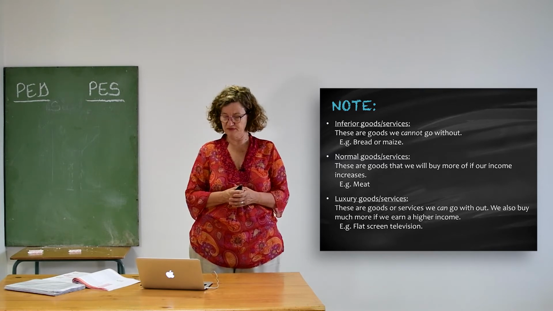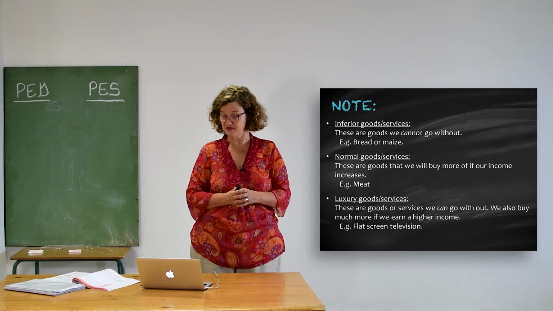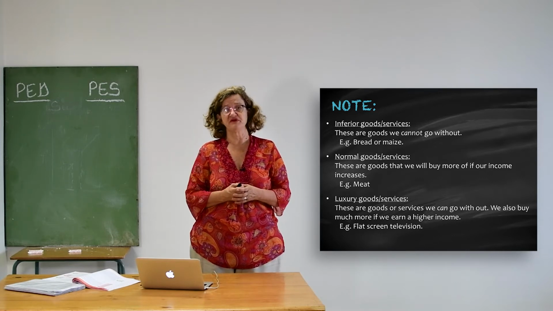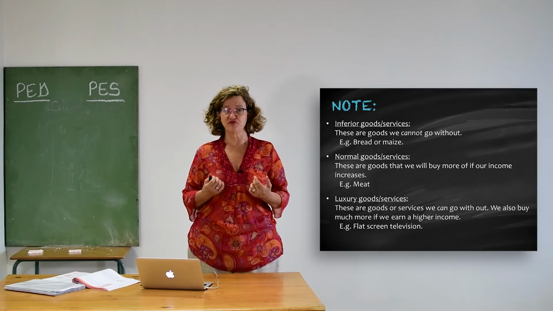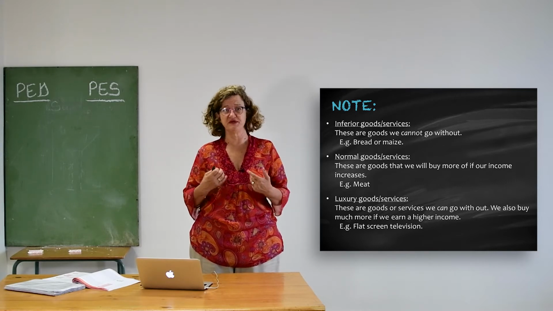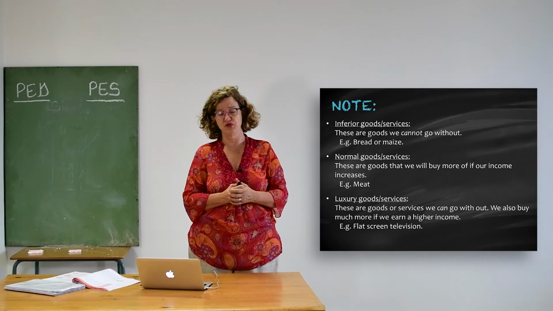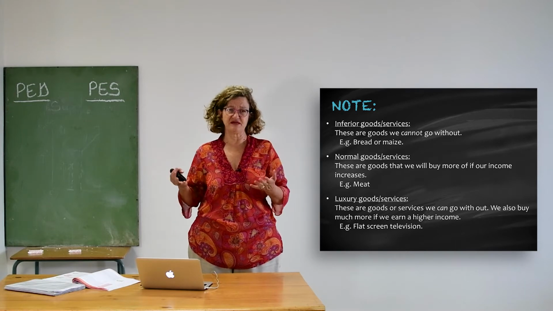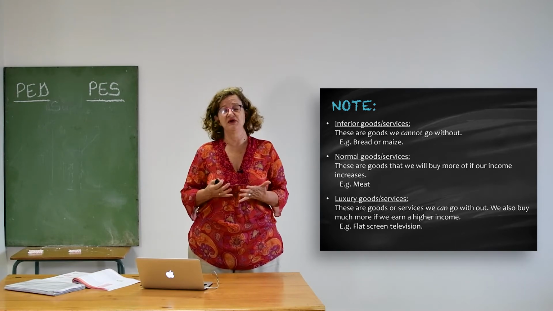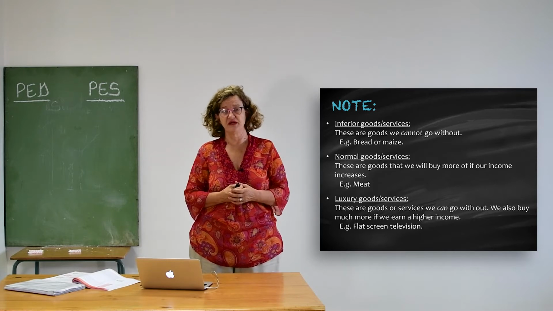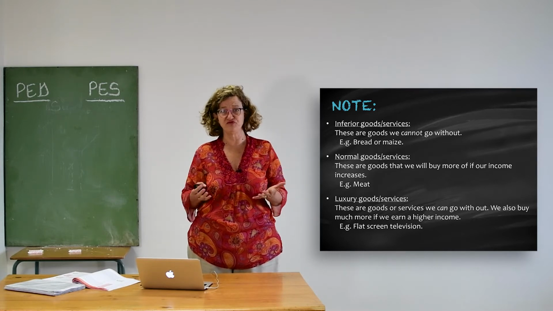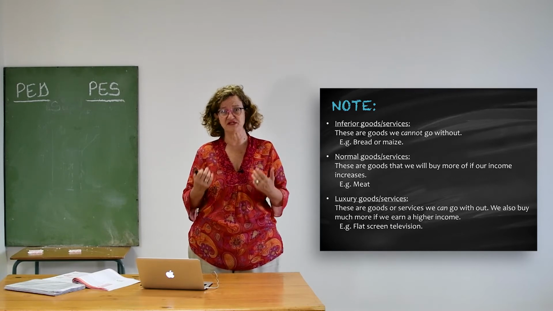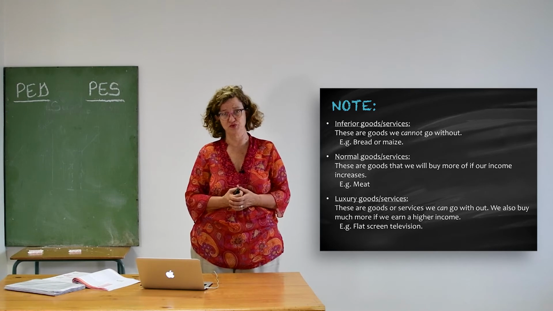Just a small hint that I can offer you: what is inferior for me or what is luxury for me is not the same for you. It depends on our income group. So somebody that has a lot of money, what is a luxury for him or what is inferior to him is totally different from what it is for me or for you.